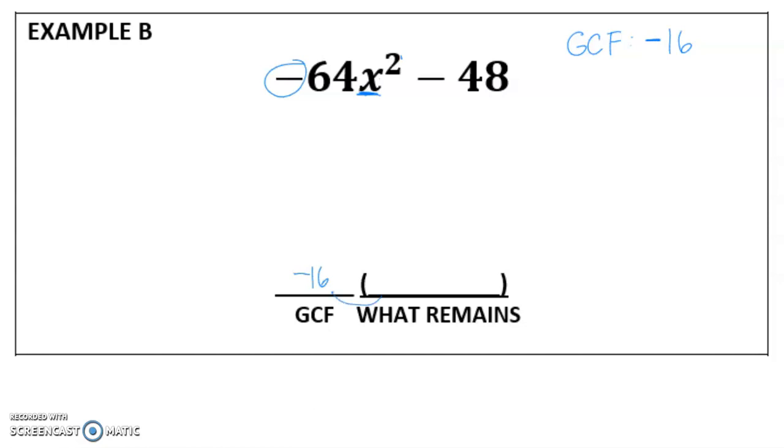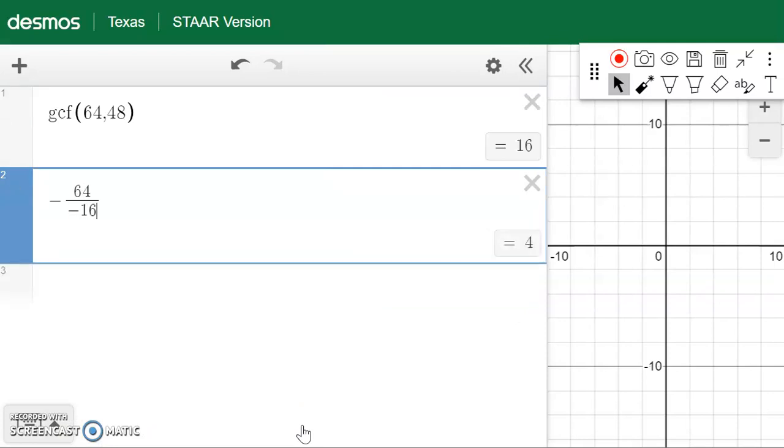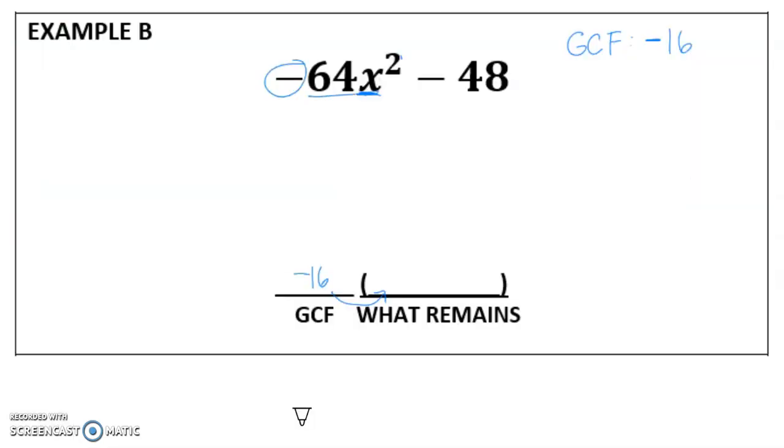So I'm saying, okay, 16 times what gets me back to negative 64x squared. If I'm not sure, I can do negative 64 divided by negative 16. Oh, that's 4.